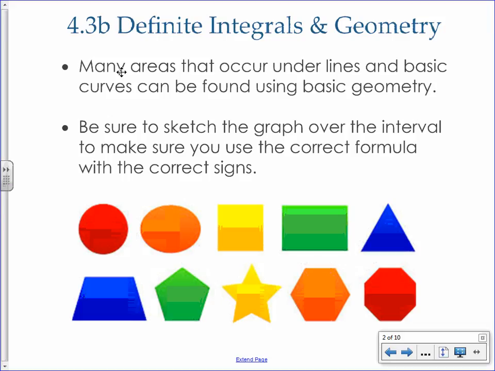So instead of having to approximate with rectangles, we can find exact area another way by just calculating the area with geometric shapes. If we have triangles, rectangles, circles, we can calculate the area by using simple geometric formulas.